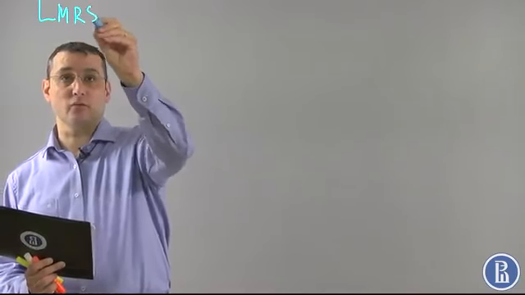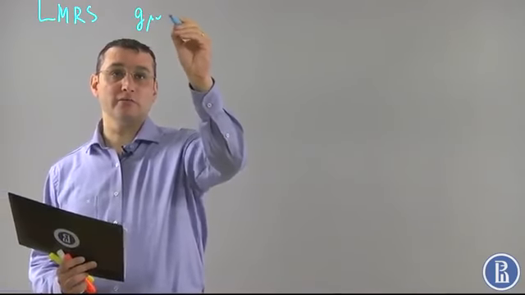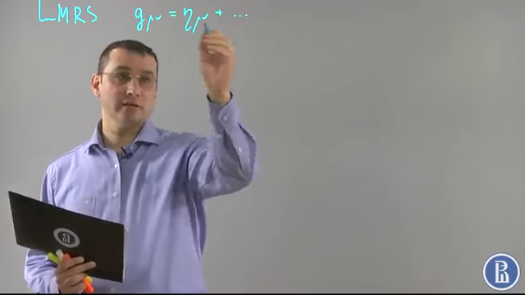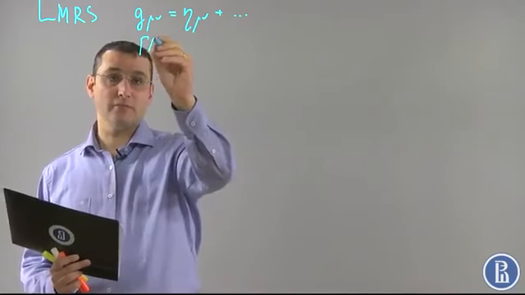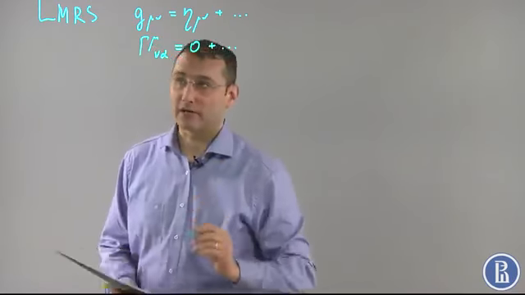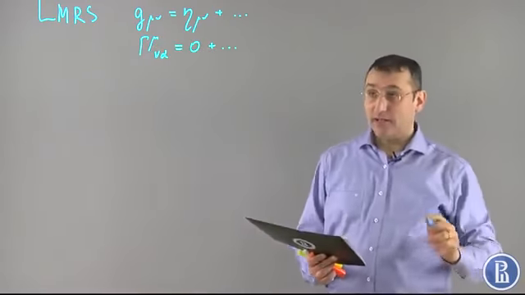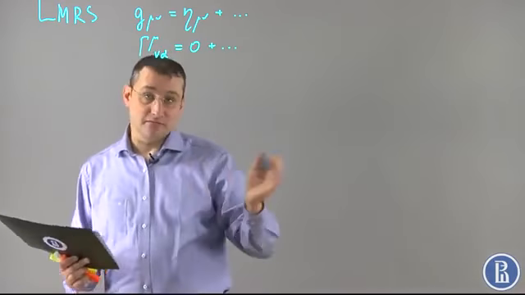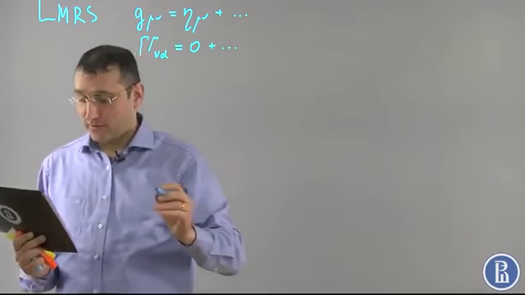So locally Minkowskian reference system, where I remind you g_{μν} is equal to η_{μν} plus subleading corrections, and Γ^μ_{αβ} is equal to 0 plus subleading corrections. So let us fix this reference frame around an arbitrary point.